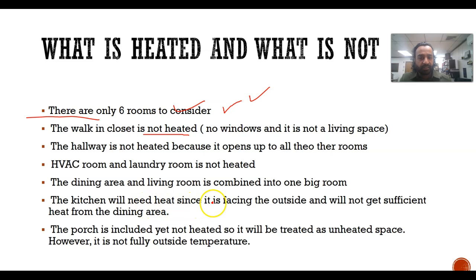Kitchen will need to be heated since it's facing the outside and will not get sufficient heat from the dining area. So it should require its own heating. And also think about the heat distribution. You don't want one area to be extremely hot and one area to be cold, so you want some adequate heat distribution. And if you're going to use a hot water system, you have the luxury of doing baseboard radiators along with hot water floor.